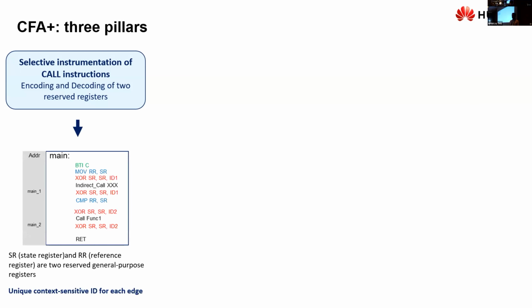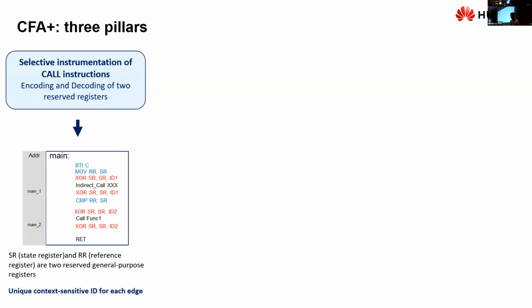However, why we do this is because it helps us to implicitly monitor the execution of this scheme, unlike other explicit control flow attestation mechanisms which just log the edges. So with these registers, we practically introduce a unique context-sensitive ID for each edge that we can then recognize when we do the verification.